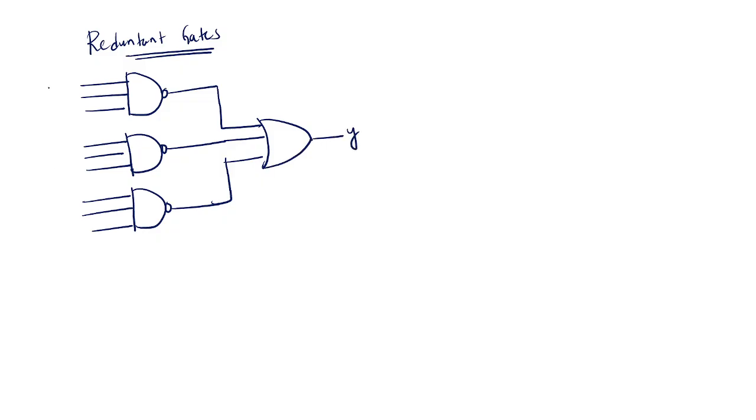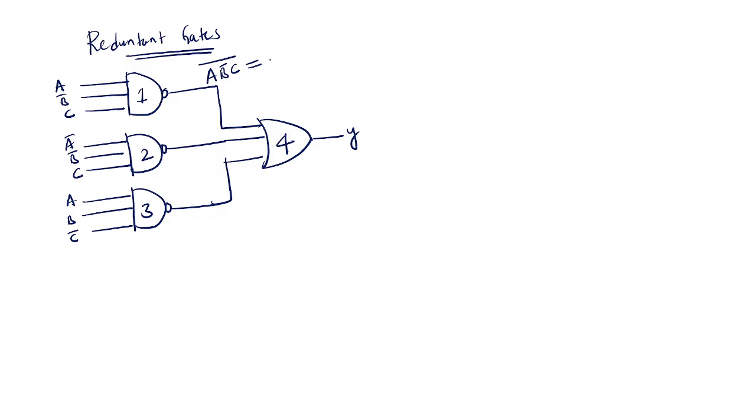This is Y. Okay. This is A B bar C, A bar B bar C, A B C bar. Okay. So this is the gate 1, gate 2, gate 3, and gate 4. So this is NAND gate. So if you write this is A B bar C whole bar.